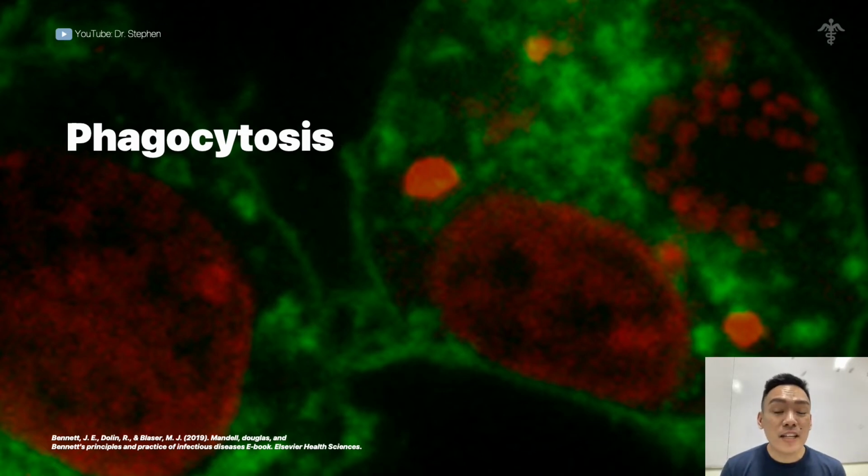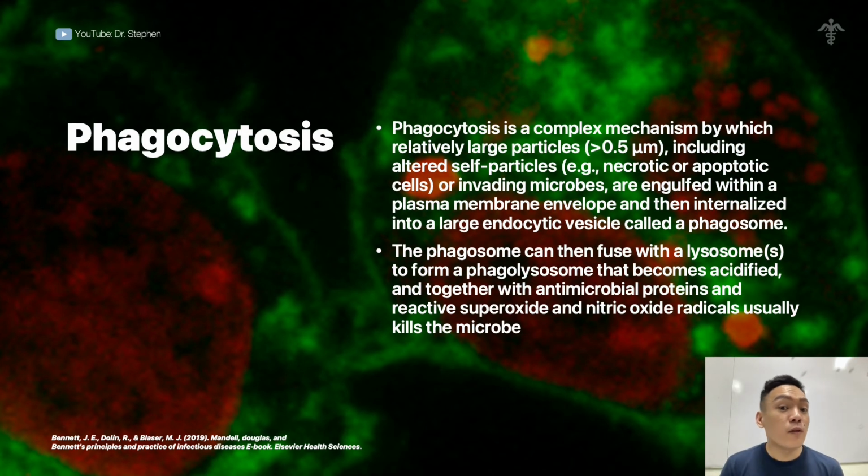Next, specialized innate immune cells have another essential function: phagocytosis. Phagocytosis is a complex mechanism by which relatively large particles greater than 0.5 micrometer, including altered cell particles, which could be either necrotic or apoptotic cells, or invading microbes, are engulfed within a plasma membrane envelope and then internalized into a large endocytic vesicle.